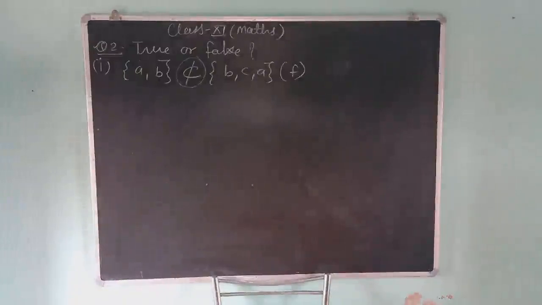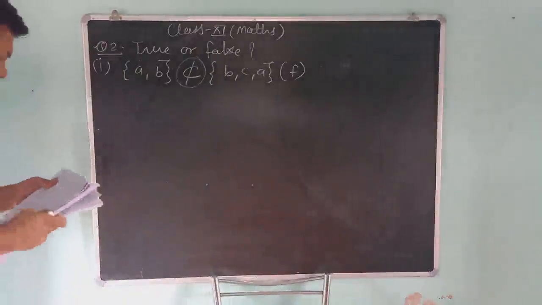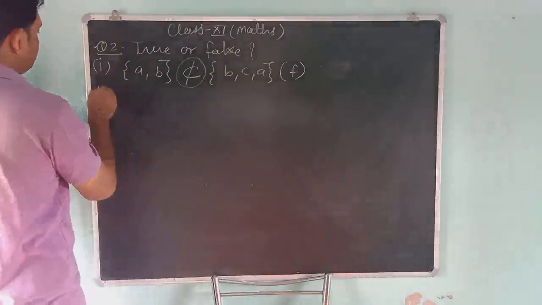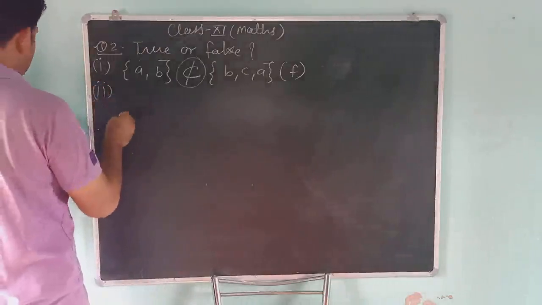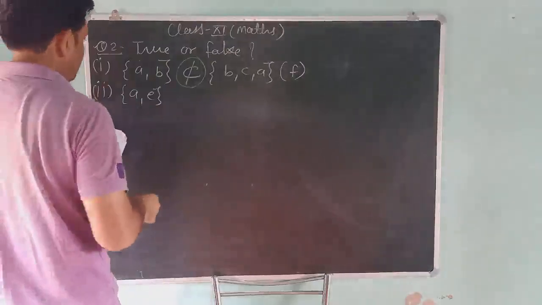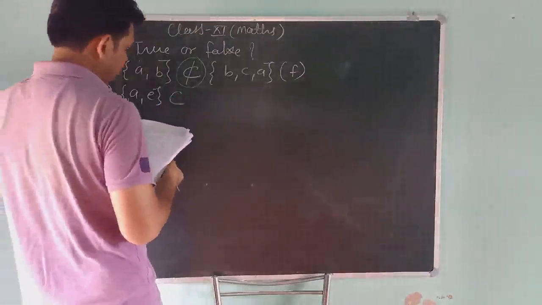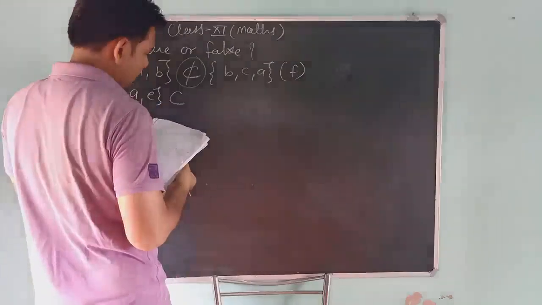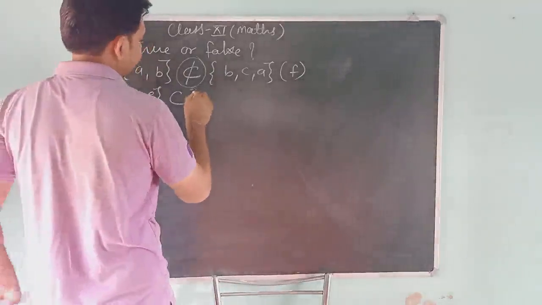Okay, students. The second question is: the first set has elements A, E, and the second set is X such that X is a vowel in the English alphabet.